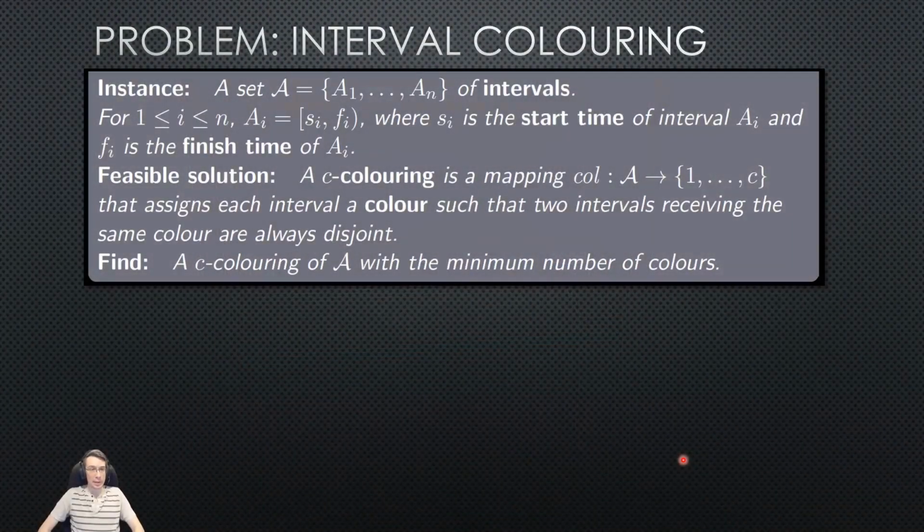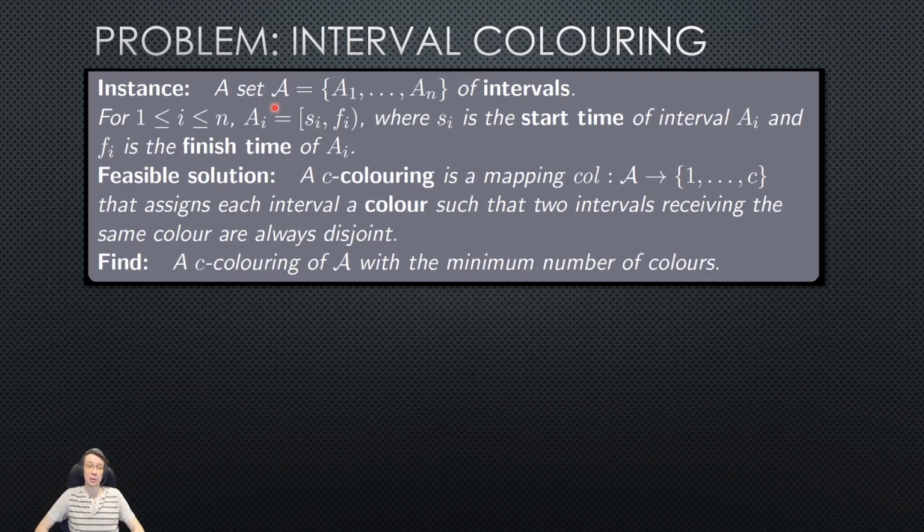So interval coloring is a little bit like the interval selection problem, except whereas we tried to select as many intervals as possible to include in the output, here we're not selecting a number of intervals to include in the output. Every interval is going to be selected. The difference is we're going to give each interval a color rather than selecting which intervals appear in the output.